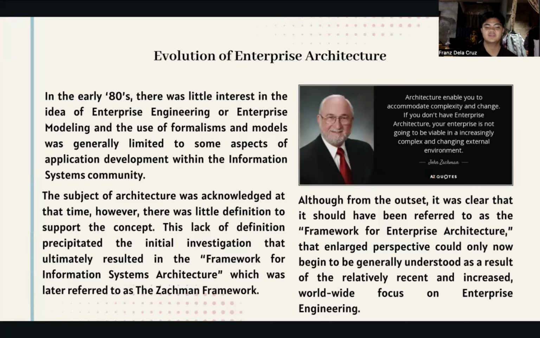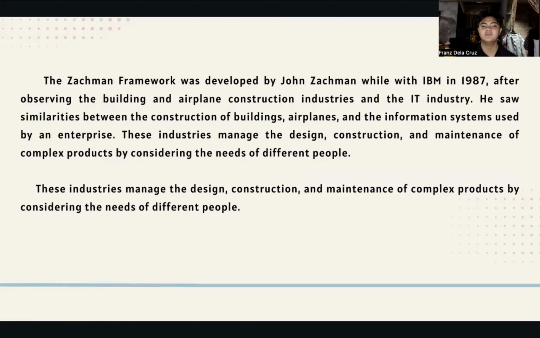that ultimately resulted in the framework for information systems architecture, which is later referred to as the Zachman framework. The Zachman framework was developed by John Zachman while with IBM in 1987, after observing the building and construction industries and the IT industry.